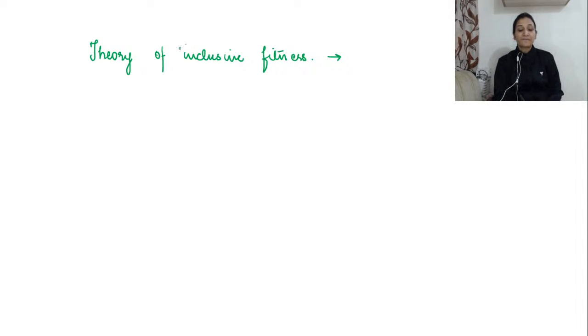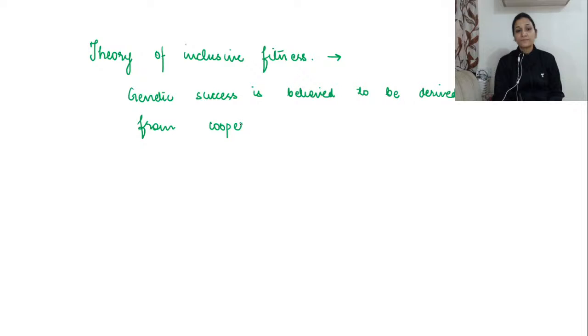Genetic success is believed to be derived from cooperation and altruistic behavior.